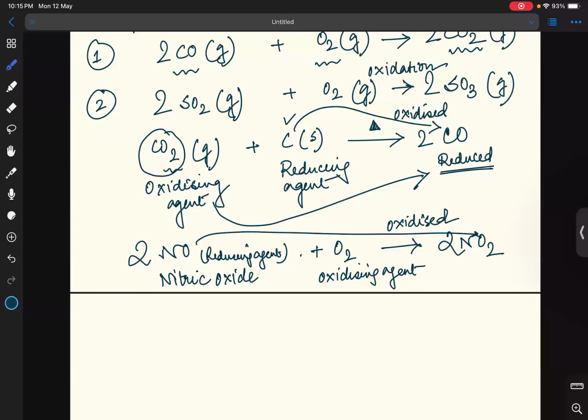Yes, ma'am. Ma'am, what's redox reaction? Can you please explain? Redox reaction, absolutely, students. Redox reaction will be reduction plus oxidation.